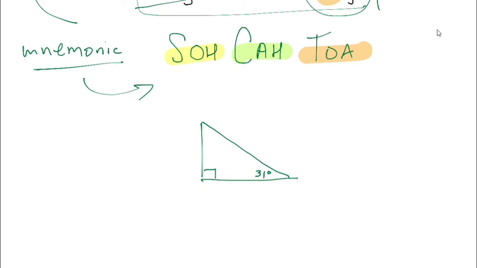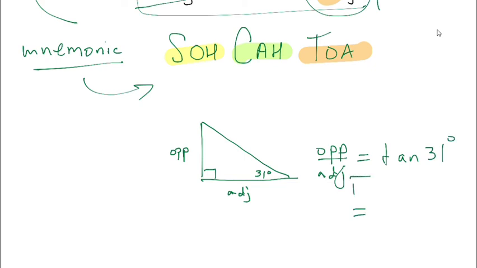And I'm going to tell you that if I take, I don't care how long these are, miles, light years, whatever, if I take the opposite leg and the adjacent leg and I make a ratio out of those, which is called the tangent of 31 degrees, what I will do is I will look that up using a calculator.